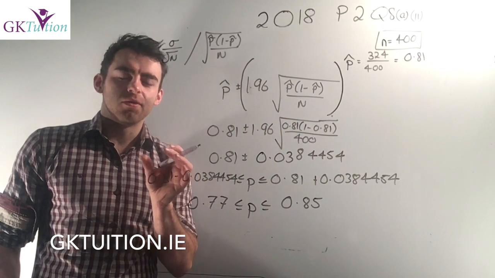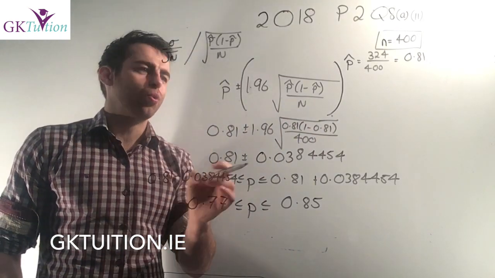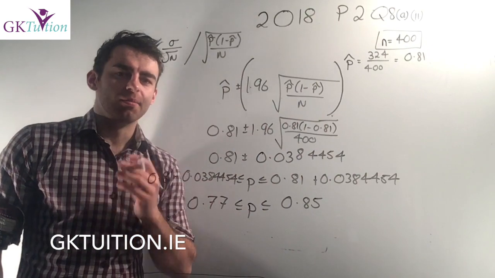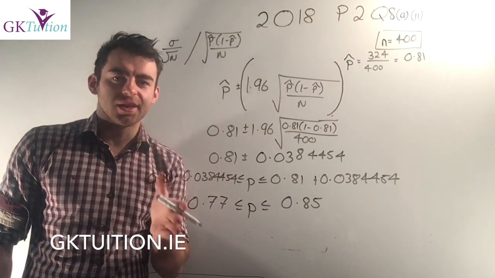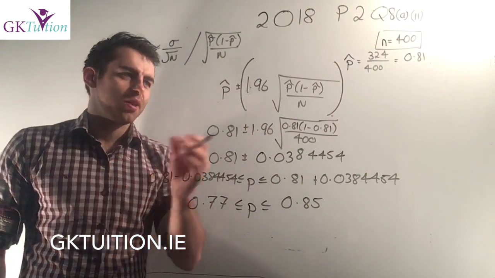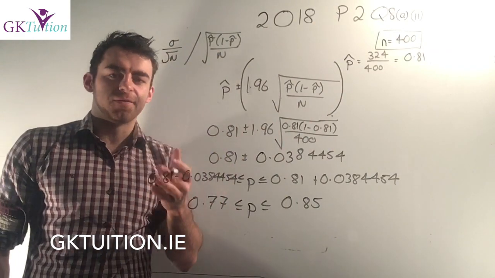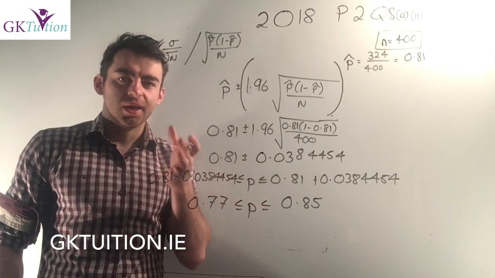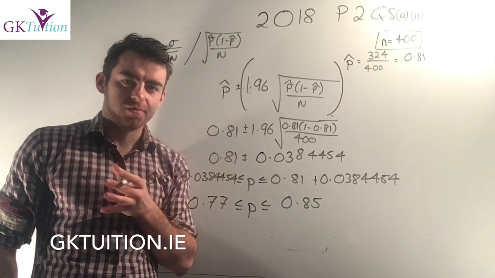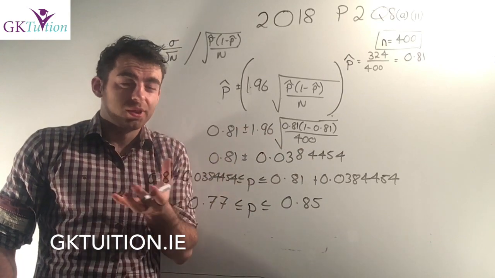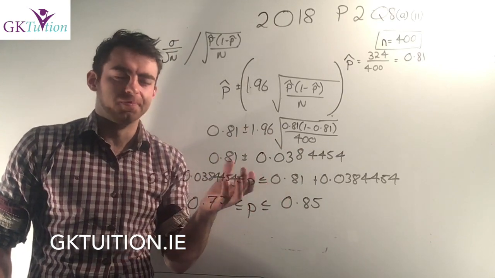The margin of error represents the degree to which my 81% might deviate from the actual population mean, the degree to which 81% might differ from the actual mean if I surveyed all 1 million people, which from a practical point of view, I can't really do.